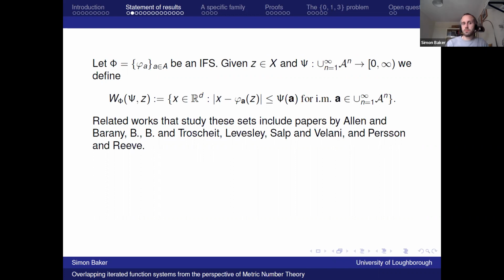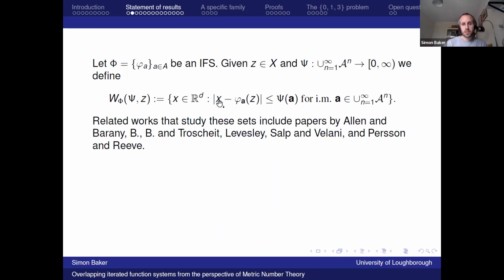So let me define the limsup sets I'm going to be interested in, in this fractal setting. I have my point z, which I fix in my invariant set, and I'm interested in how its images distribute within my invariant set. How do I define my limsup set? Well, I introduce this function psi, which instead of being a function from the natural numbers to the positive reals, is now a function from words of finite length to the positive reals.